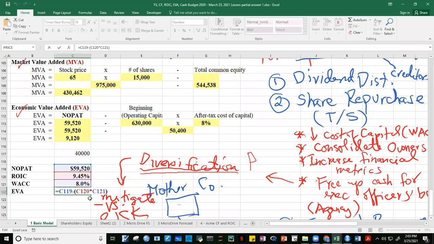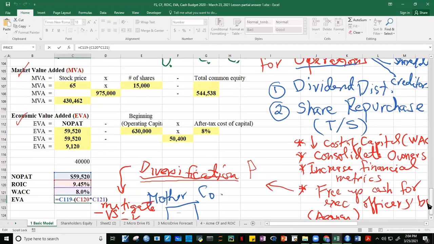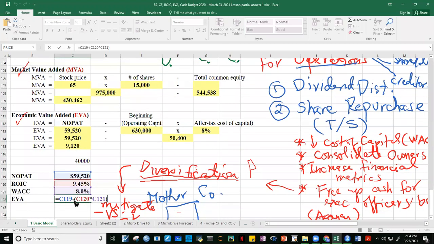No, sorry, it's not. Why would we multiply ROIC and WACC? There's no sense in multiplying the ROIC with the WACC. Okay, wait. It seems my approach is wrong.